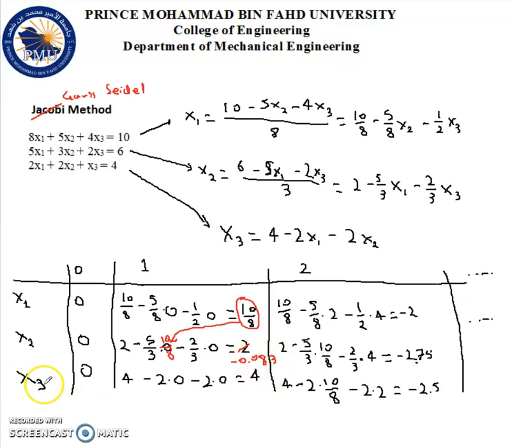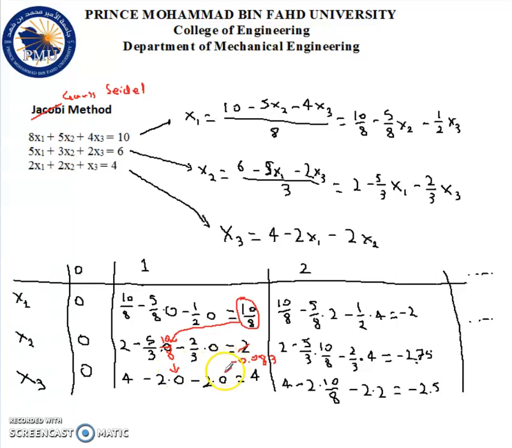So now for calculating x3, we are going to use again this function that we found earlier, so 4 minus 2x1 minus 2x2, but now we are going to use the latest values of x1 and x2 from the first repetition.